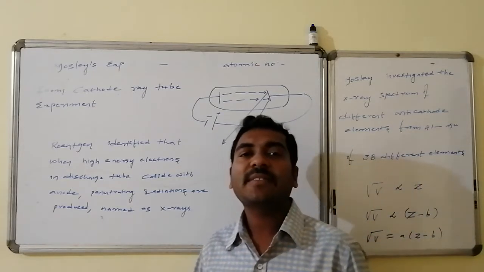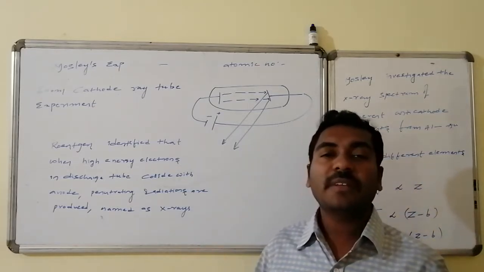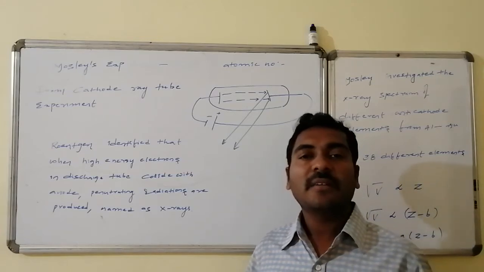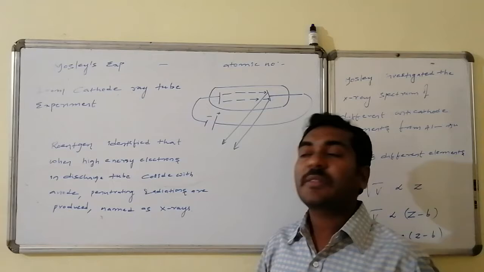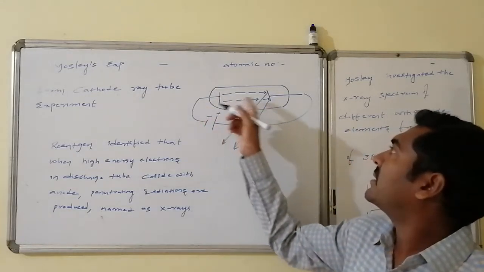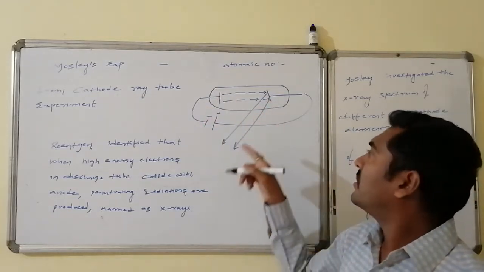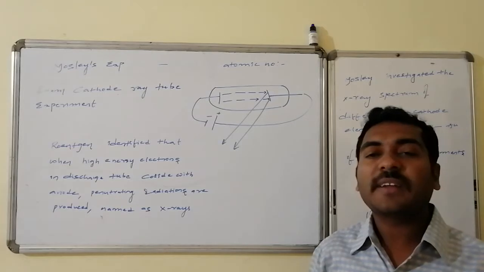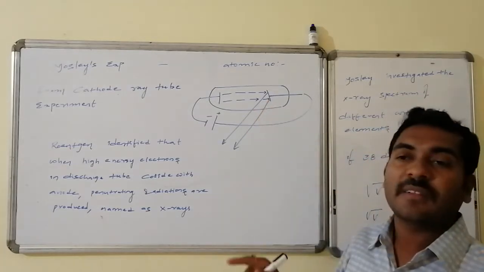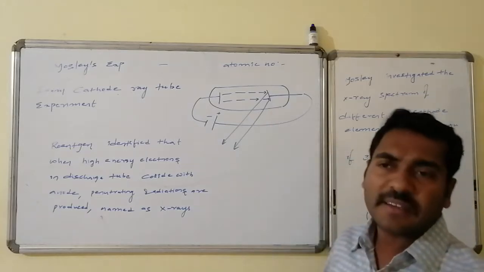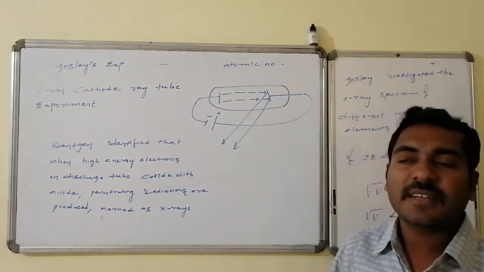Moseley investigated the spectrum of the penetrating radiation obtained from the different varieties of anti-cathodes. So this is the cathode and this anode is said to be the anti-cathode. In the discharge tube, when high energy electrons fall over the anti-cathode, penetrating radiations are emitted.